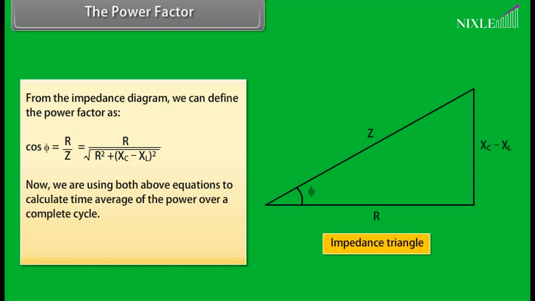Now, using both above equations to calculate the time average of the power over the complete cycle, P bar is equal to Irms square times R.